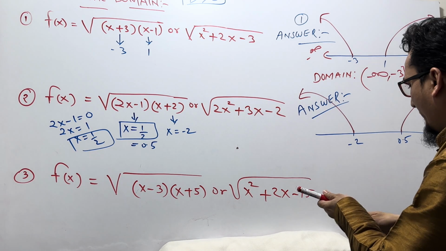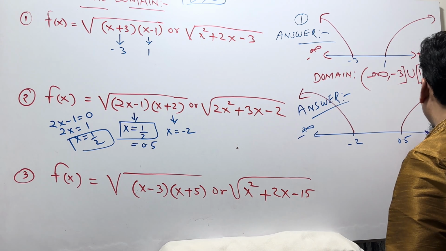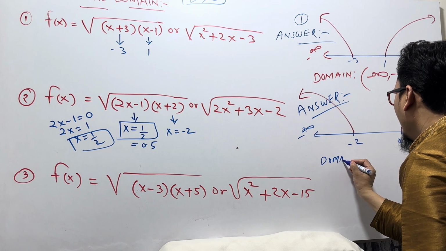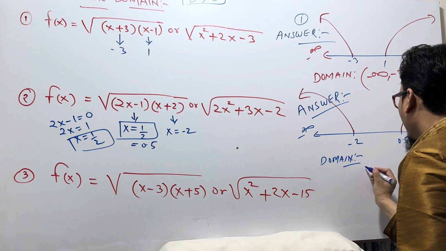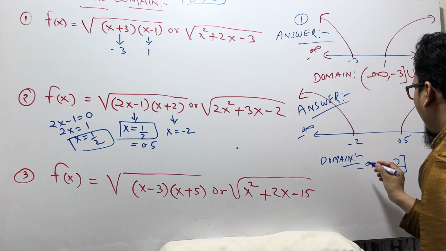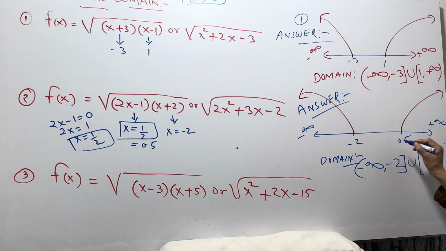So you can say the domain: minus infinity to positive infinity. So the domain is always minus infinity to minus 2. Use the close bracket here, open bracket at infinity. U means union, and 0.5, or you can say 1 by 2, it doesn't matter, to positive infinity. Use the open bracket. This is the domain of this one.